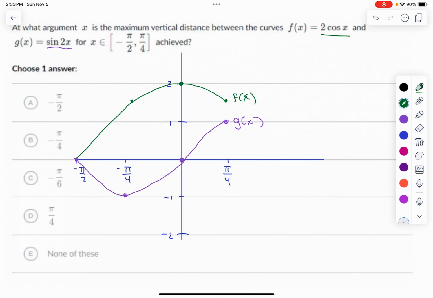Okay, and it says find the maximum vertical distance between these two functions on the interval negative pi over 2 to pi over 4. So, our vertical distance varies. Let's call this just kind of an arbitrary point and the one below it. We're looking for an expression or a function that gives us this distance. I'll call it d.